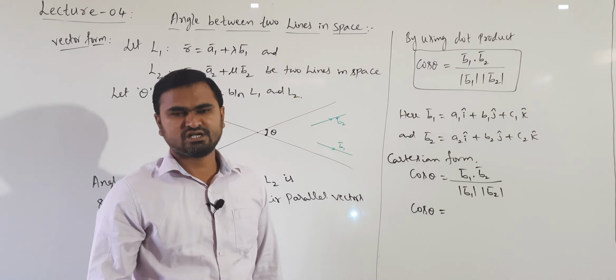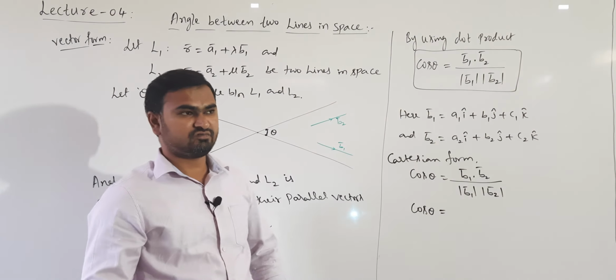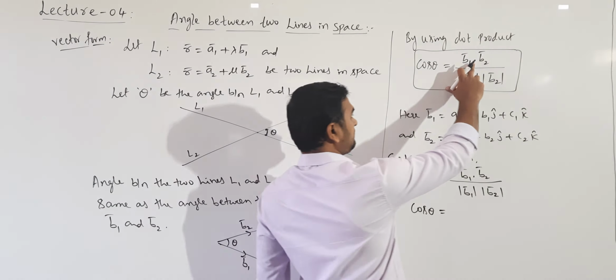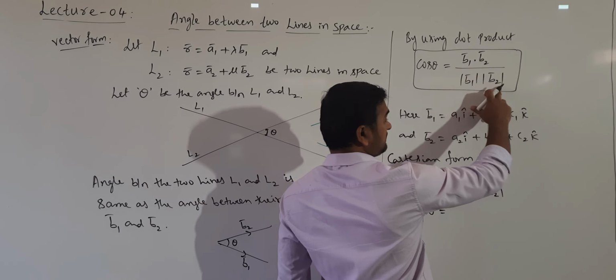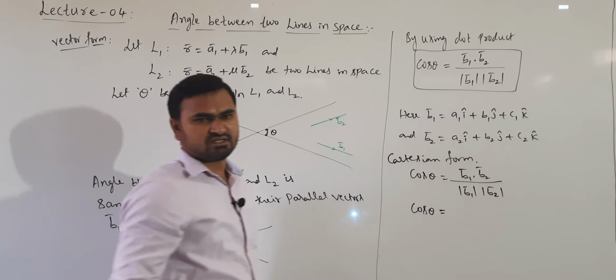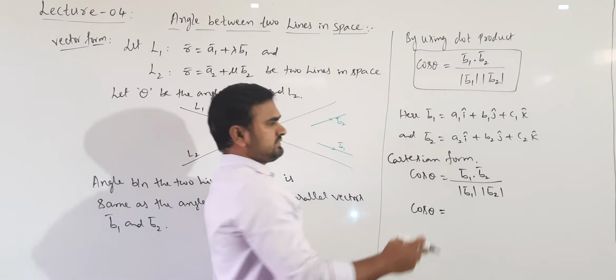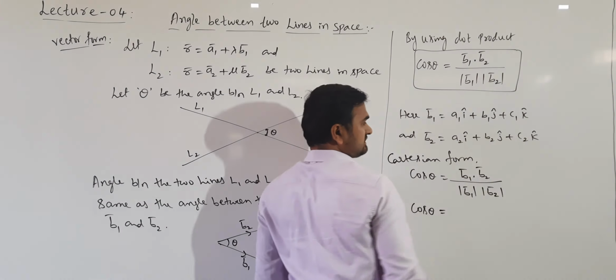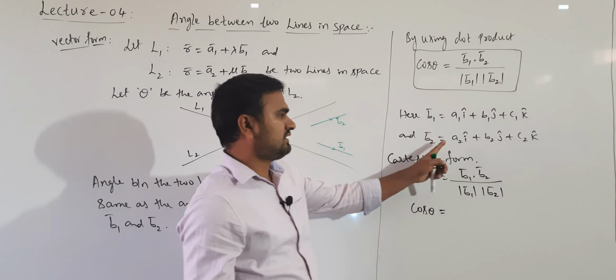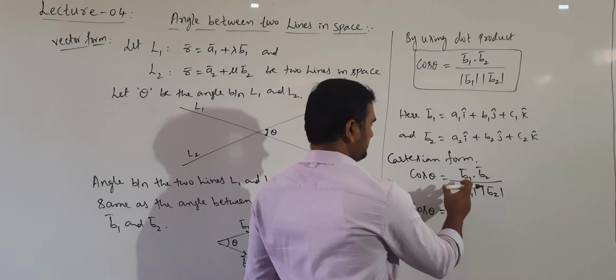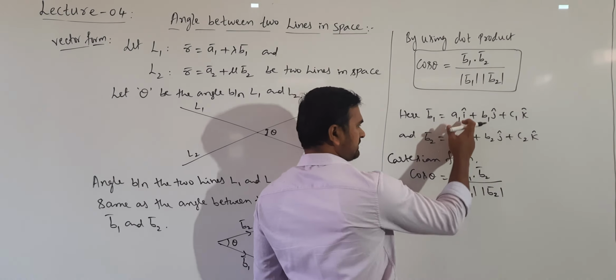Okay, always Cartesian form is derived from vector form only. So in vector form we have b1 bar dot b2 by magnitude of b1 magnitude of b2. So these vectors b1 b2 we know they are parallel vectors. So parallel vectors I am taking like this in terms of dr's, a1 b1 c1, a2 b2 c2. So substitute here, what is b1 dot b2 dot product?